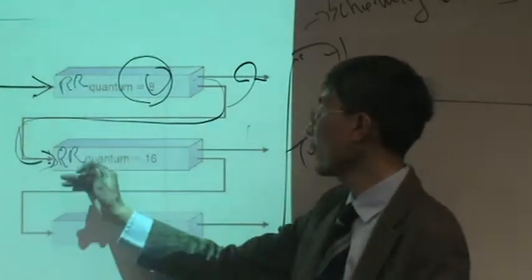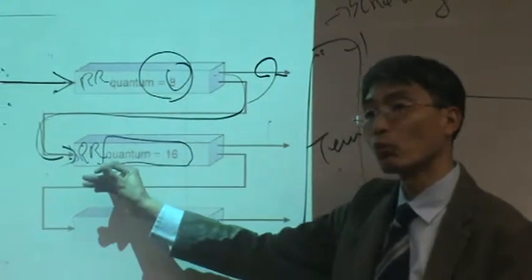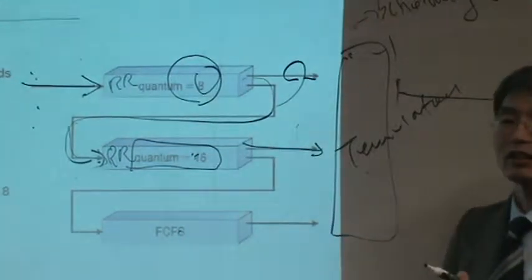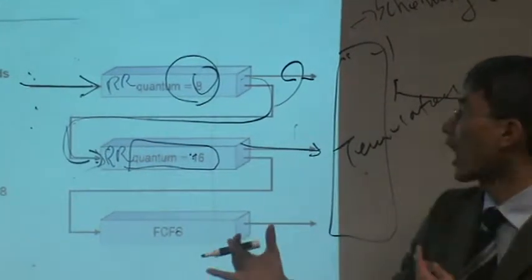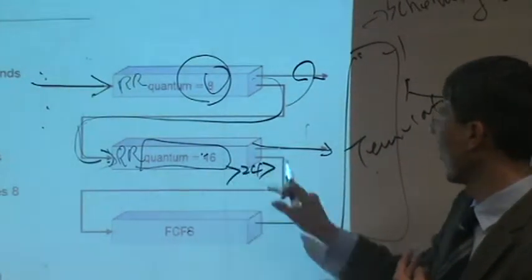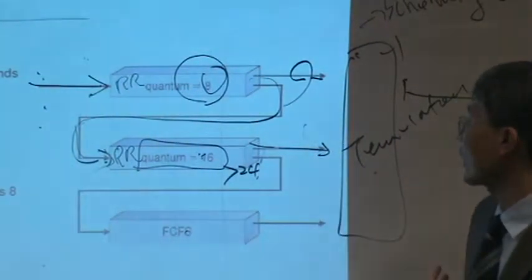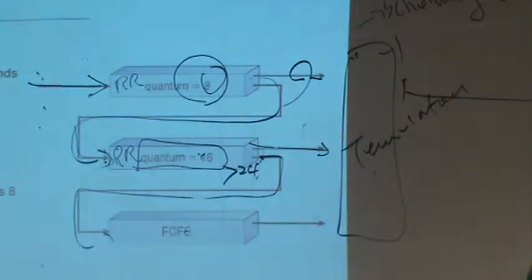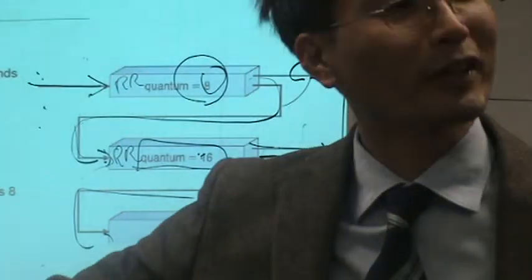Then, if it is done within the time slot 16, it terminates. Otherwise, the CPU burst time is bigger than 24, and it will move to first come, first serve. What is first come, first serve? Once it is started, it will run until terminated.